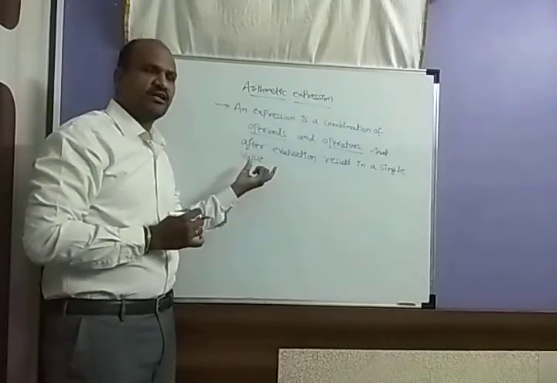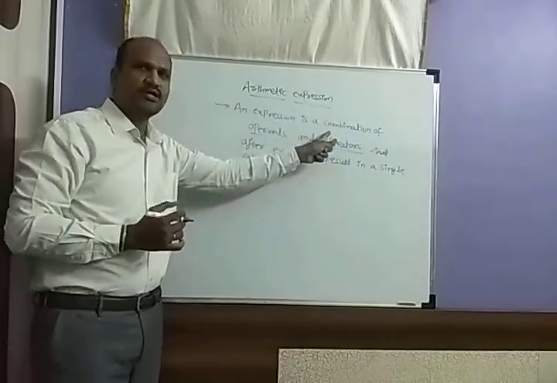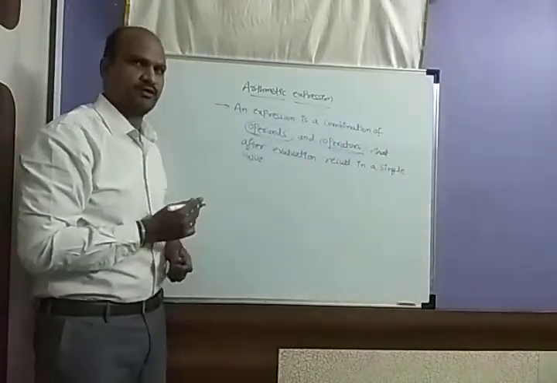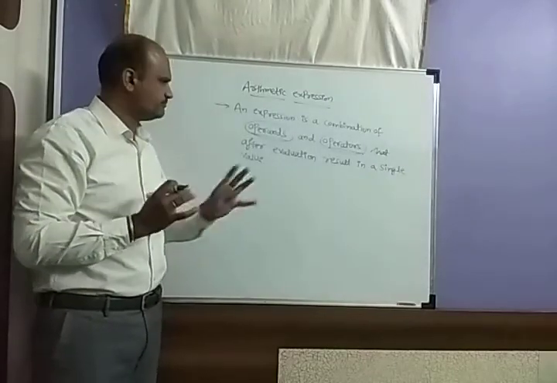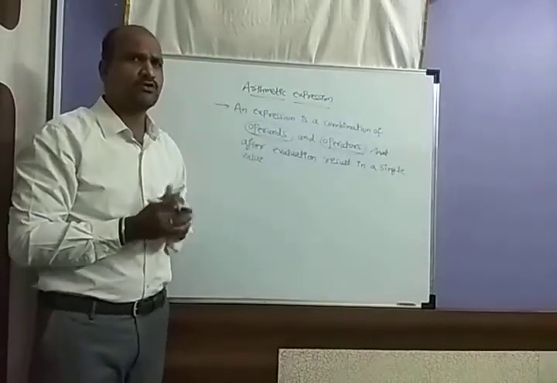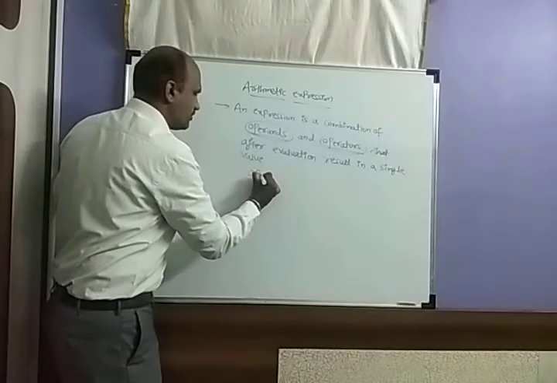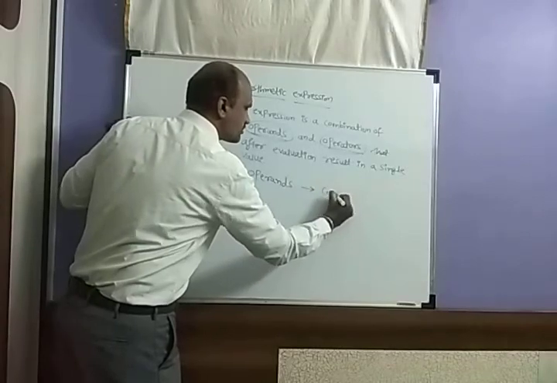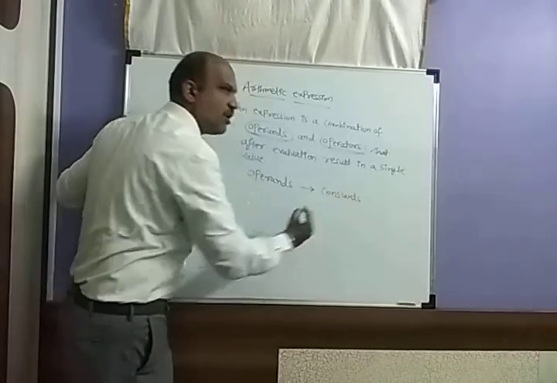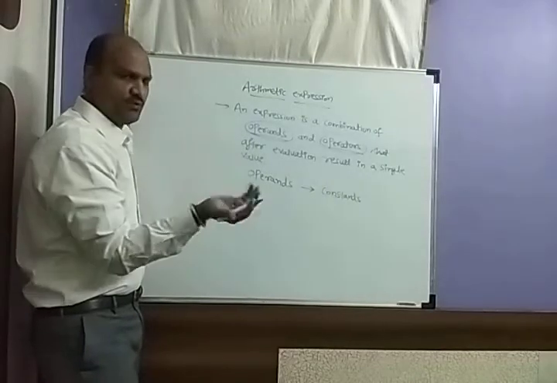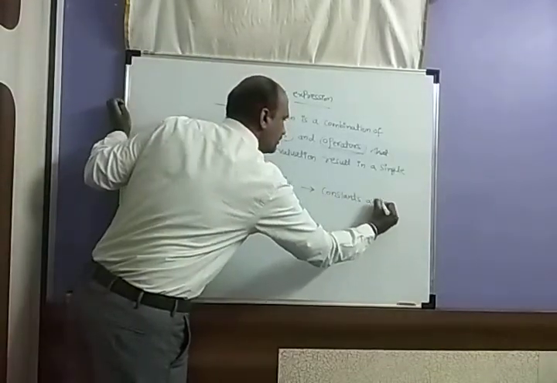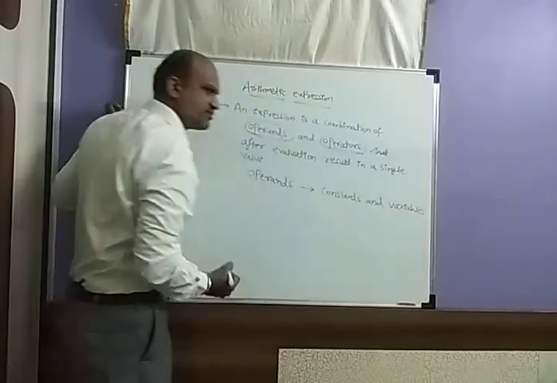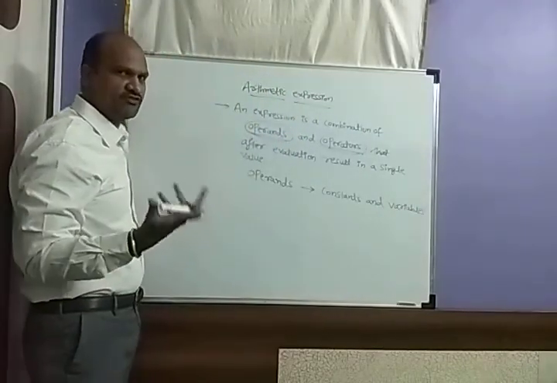So what exactly is an expression? It is the combination of operands and operators. Very important, that is the definition. So what are the operands? Operands are constants or variables. A constant means the value is constant, like x is equal to 10.